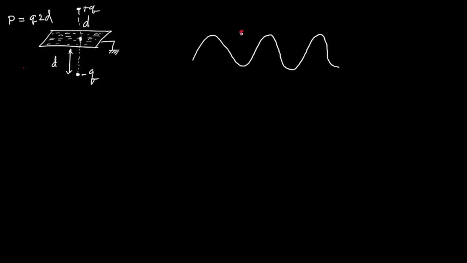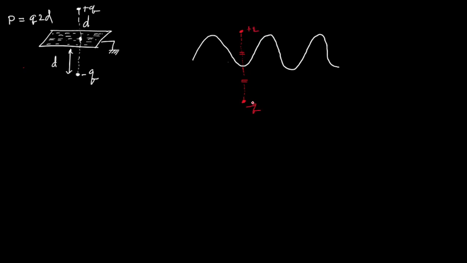At this time you can see the distance between the charged particle and the metal sheet is this. Because of that there will be induced charge also. Now if we want to replace this induced charge by an image charge, according to this concept we can replace it this way. This distance and this distance must be the same, and if it is plus q, then here it will be minus q.